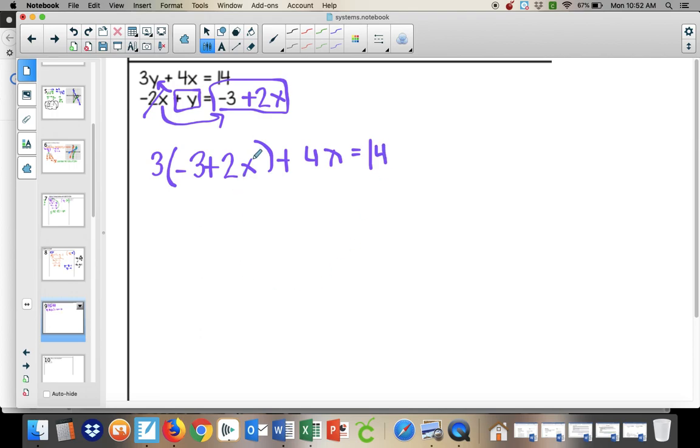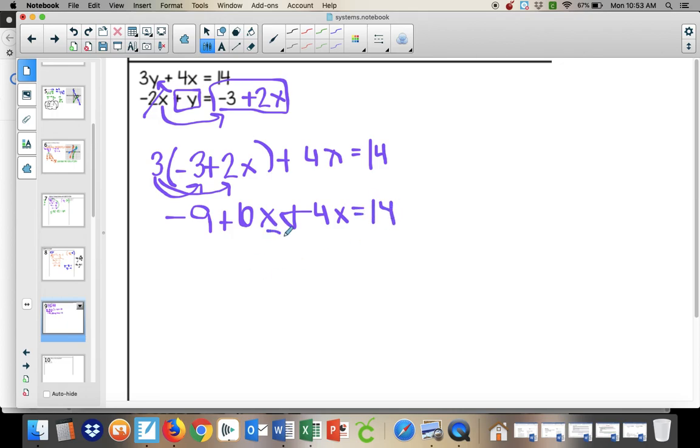So with this, I need to distribute out. So 3 times negative 3 is negative 9. 3 times 2x is 6x. And we have plus 4x is 14.